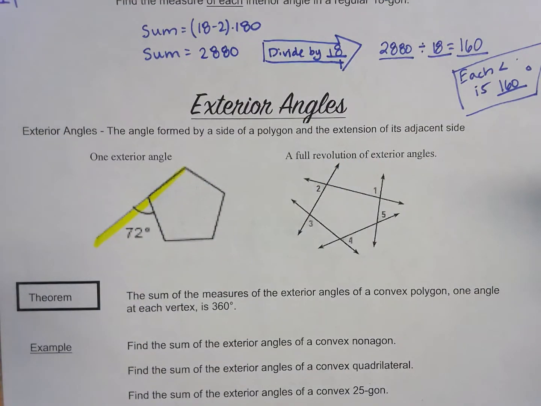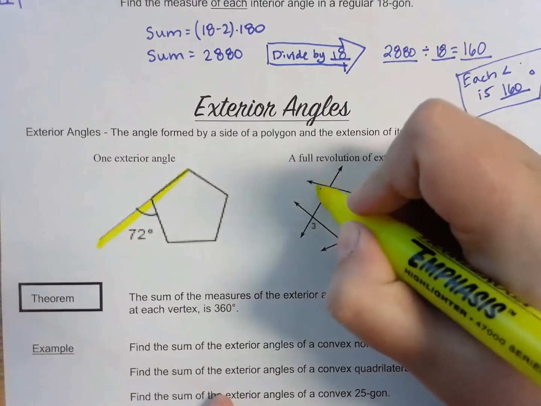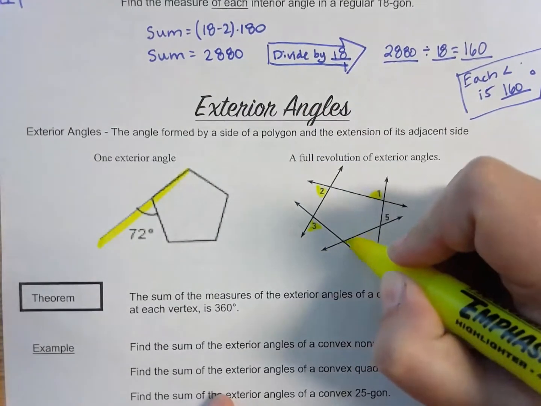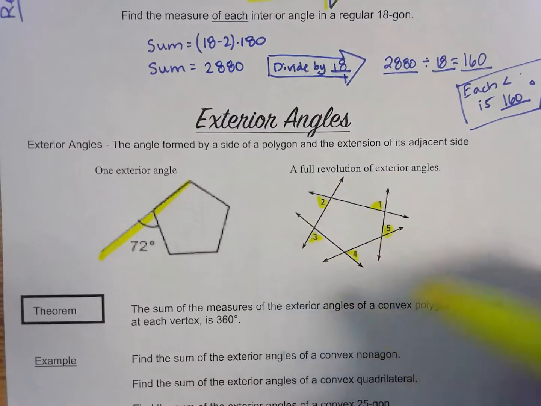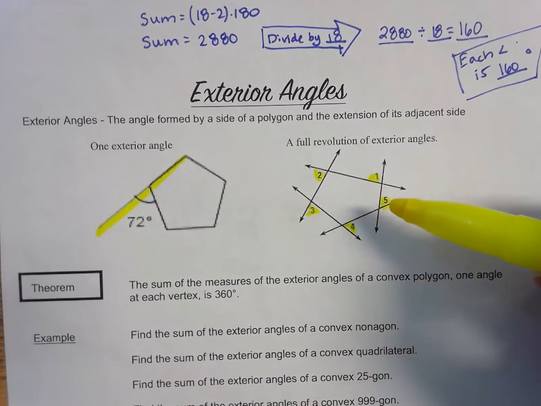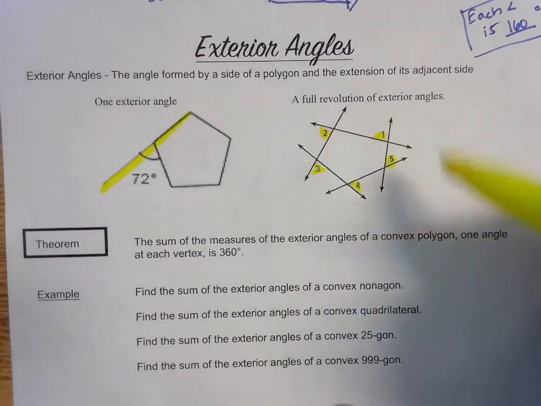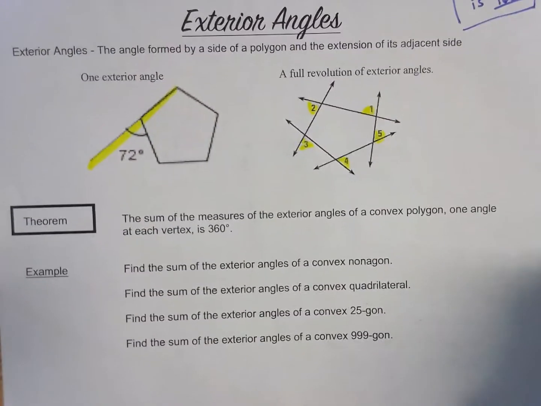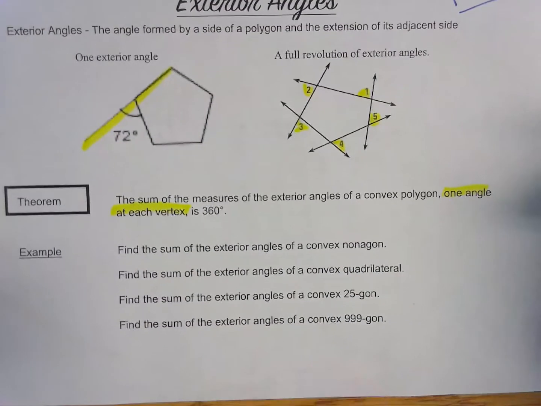Okay, so a full revolution of exterior angles would be this angle here, here, here, here, and here. So you just take one from each side, one adjacent angle from each side. Right? I don't double up and do 2 on 1, especially here where it's not a regular polygon. Okay. So again, that one angle at each vertex is important here.